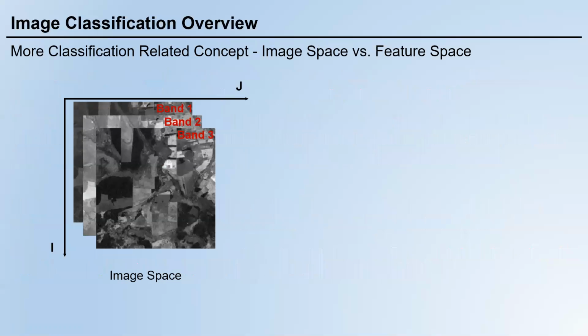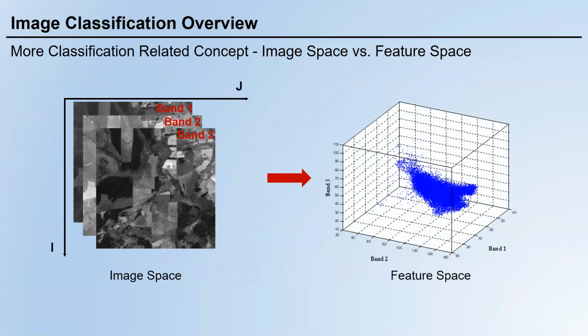Okay, let's continue. We also have image space classification and feature space classification. This is more like the method for visualization. Usually when we have finished the classification, we have one image for the area covered.